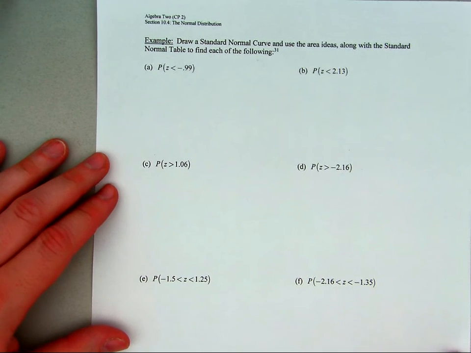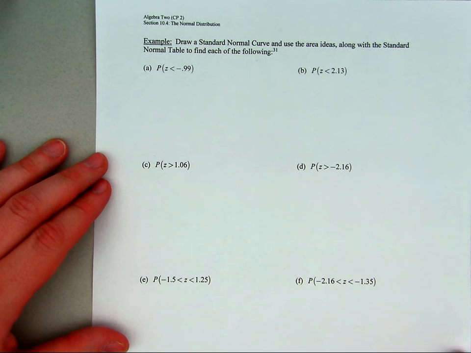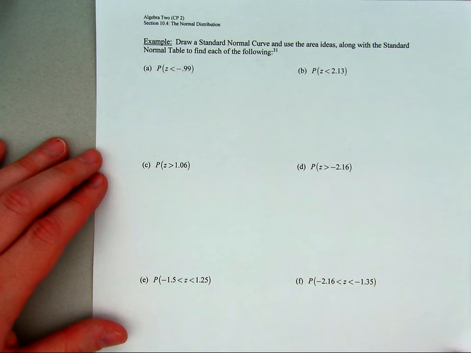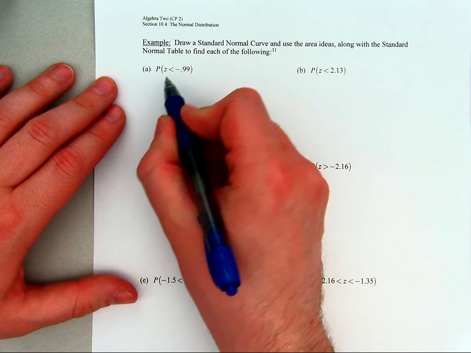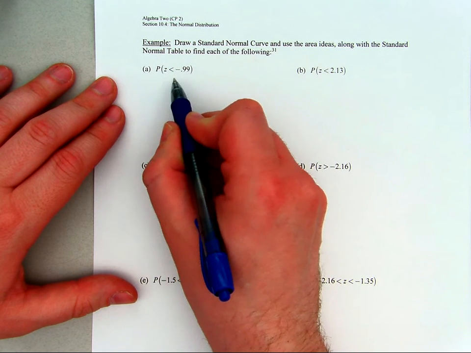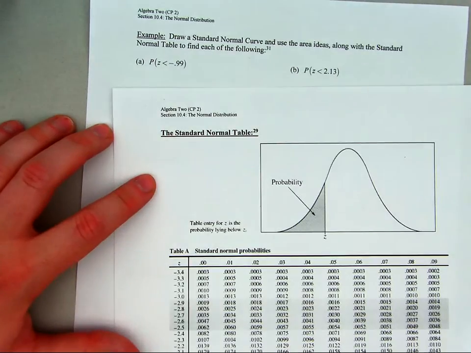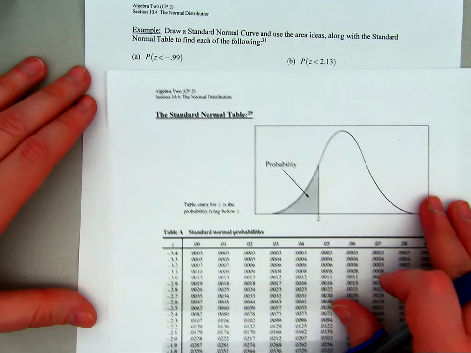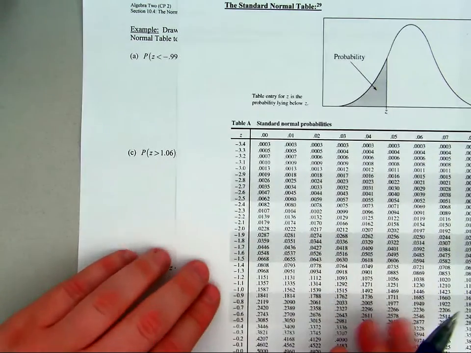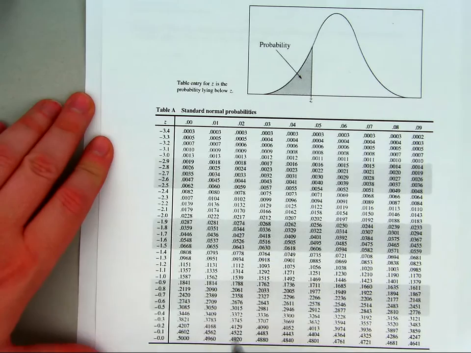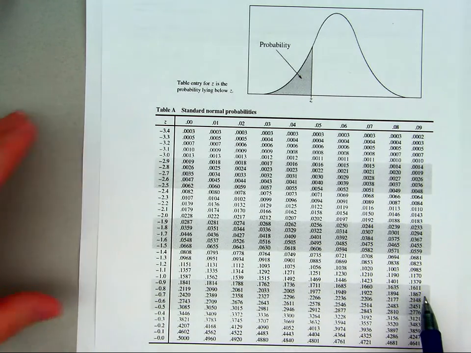Letter A is nothing new. Letter A is what we were doing before. I want to find the area to the left of negative 0.99. Well, let's just go to our standard normal table over here. I want to find negative 0.99, so to the negative 0.9 row, to the 0.9 column.